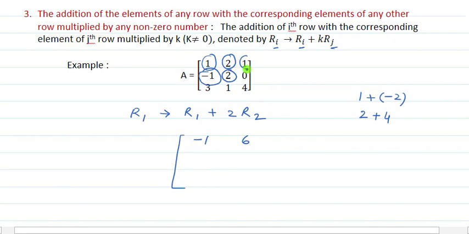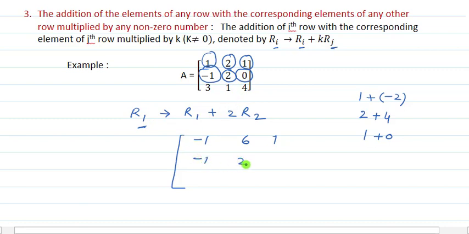Now, similarly, this element of R1 will be added to 2 times the corresponding element of R2. Means we are getting 1 plus 2 times 0, means 0. So therefore we are left with 1 over here. And the change will only be in R1 and the other 2 rows will remain unchanged.